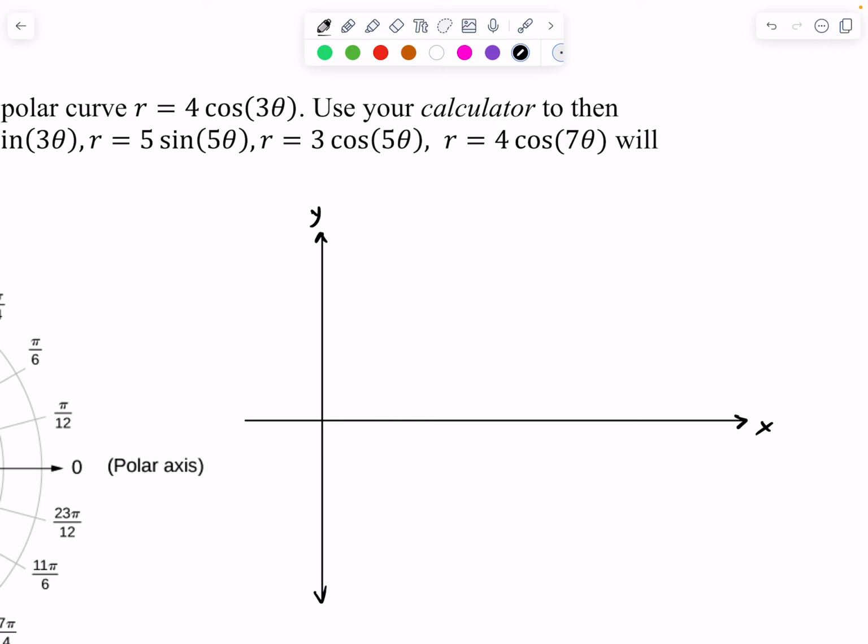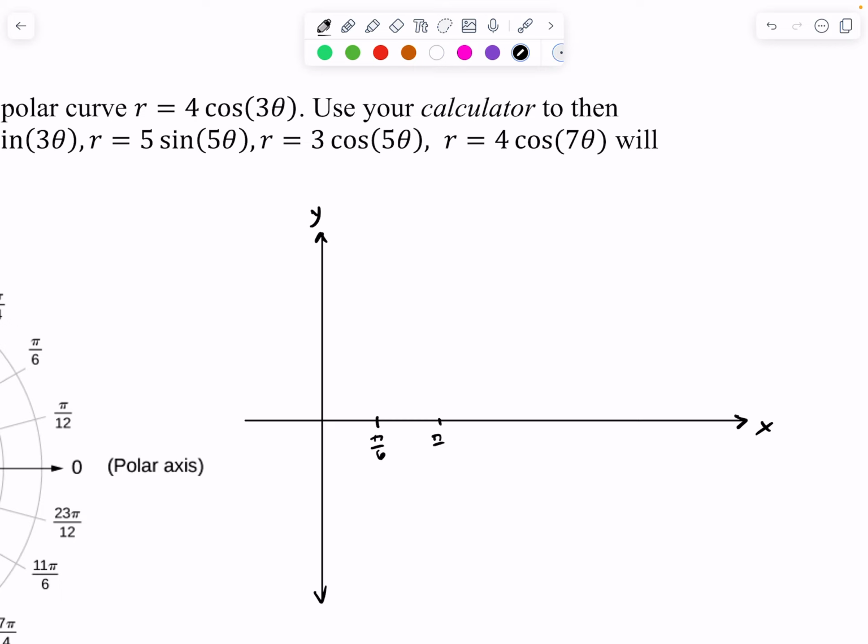I'm going to go through this one kind of quickly. The period would be 2 pi over 3 when we divide by 4. That's the same thing as multiplying by 1/4, so that would be pi over 6. So we're going to scale our x-axis by pi over 6.